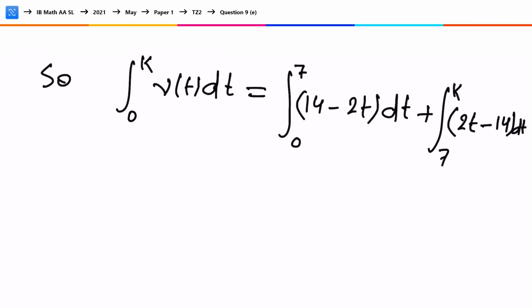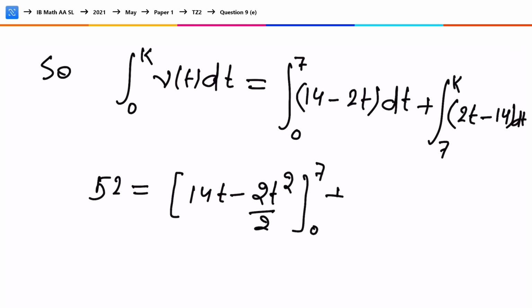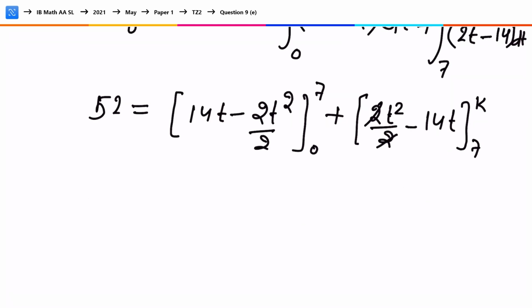Substituting the values, we get 52 is equal to 14t minus 2t squared divided by 2 from 0 to 7, plus 2t squared divided by 2 minus 14t from 7 to k.